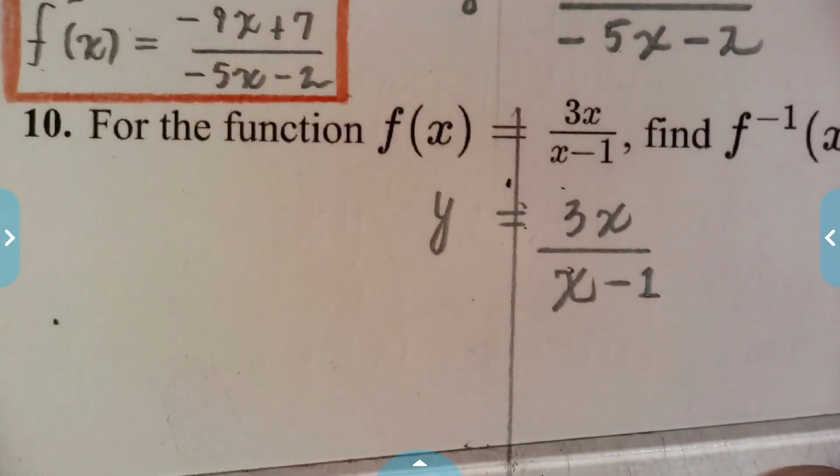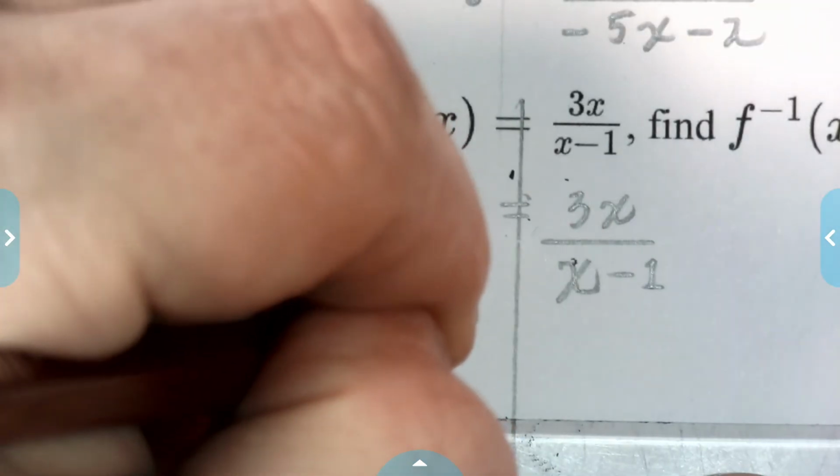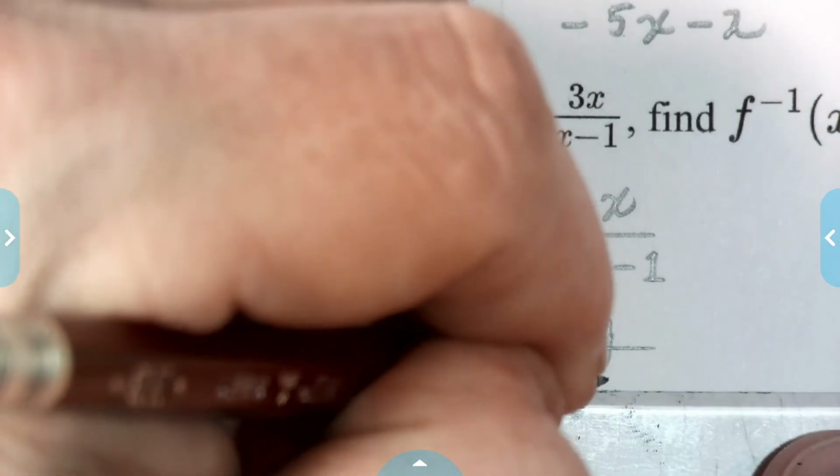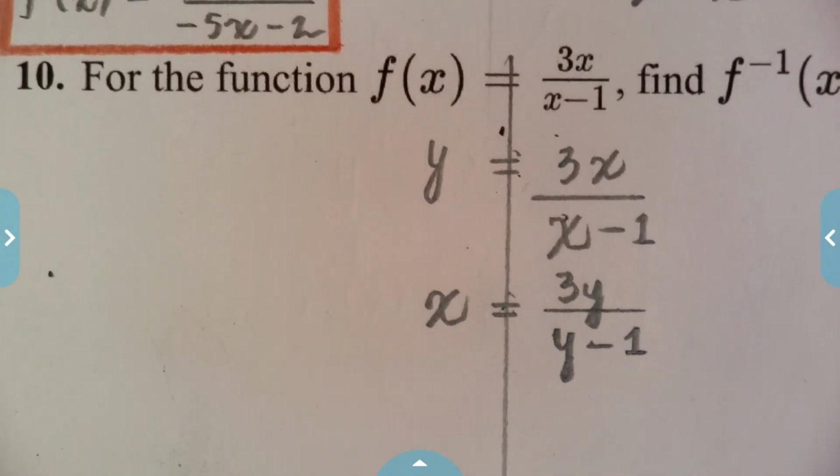All right, so now replace the x's and the y's. So we'll say x equals 3y over y minus 1. Okay, now what?